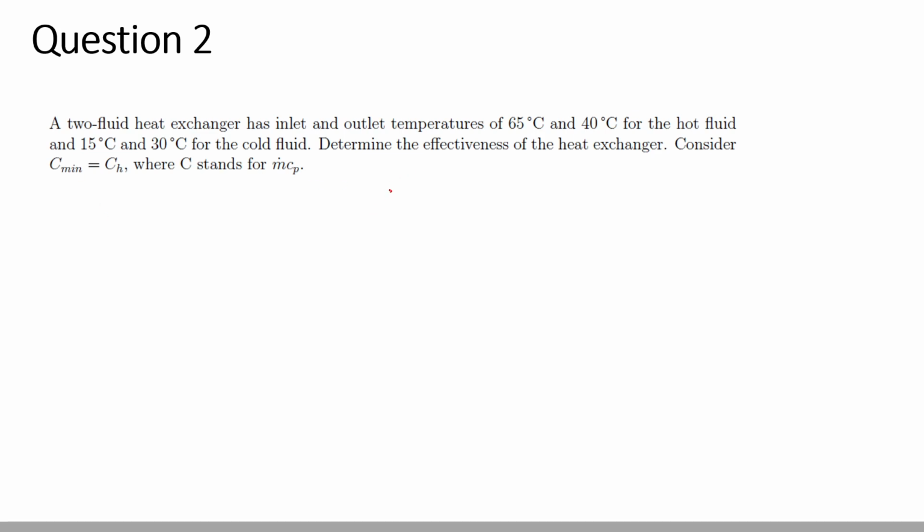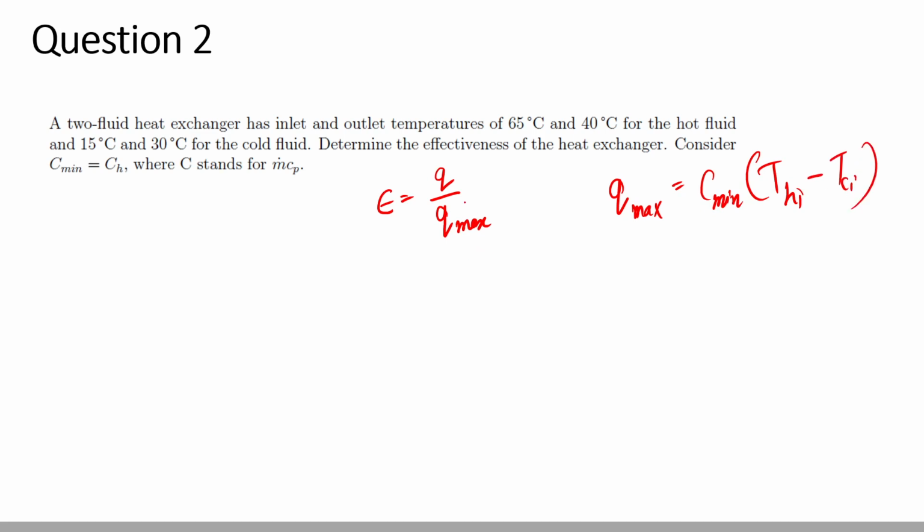So the formula for effectiveness we saw as effectiveness is given as Q upon Qmax, and Qmax is given as C minimum into T hot inlet minus Tc inlet, whereas this Q is given as whatever fluid you want to consider, that is CH into THI minus TH0.